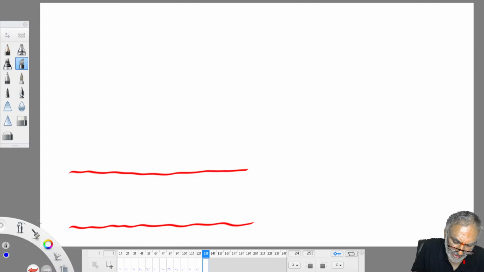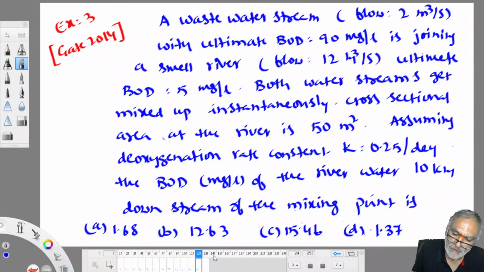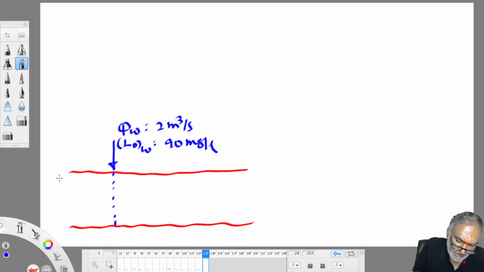So they disposed waste QW with ultimate BOD of waste L0W. QW is 2 meter cube per second with L0W is 90 milligram per liter, given in the question only. Into the river, on the upstream side it is Q river and L0 of river. Suppose upstream side L0 is not given, we will take 0. So whichever is not given, that is taken as 0.